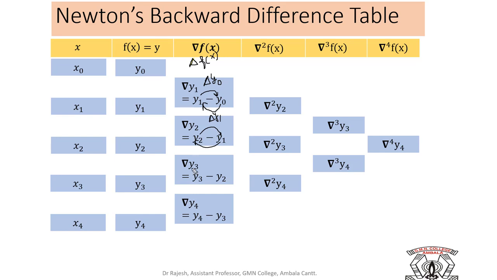So you have to understand that this is the minor difference that you have to make while writing the Newton backward difference table in the notations language. So that is how you could complete it.